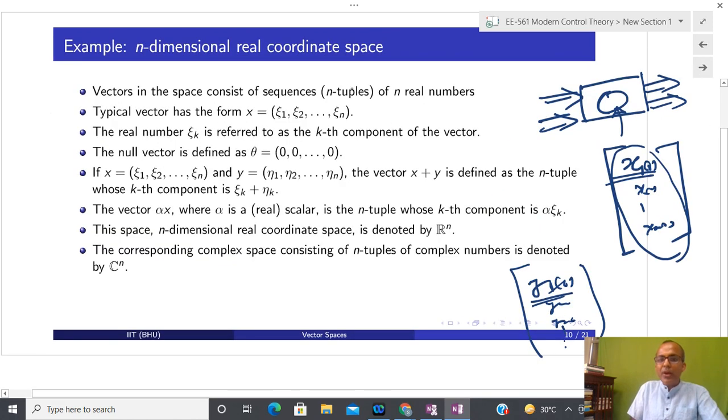Now whenever you have something in the form of a column vector, because most of the time in a multi-input multi-output system I have a column vector, the software program tells that this is the first entry, this is the second entry, and you can just add them. Again I am adding only real numbers. For multiplication, this whole element is multiplied by some real number, so I have component-wise multiplication with each element of the vector.